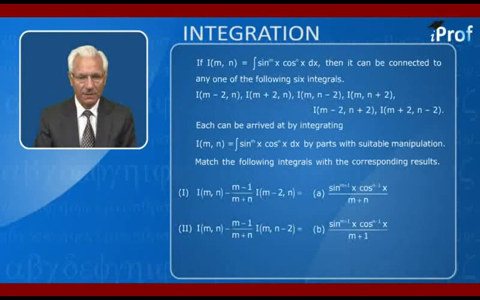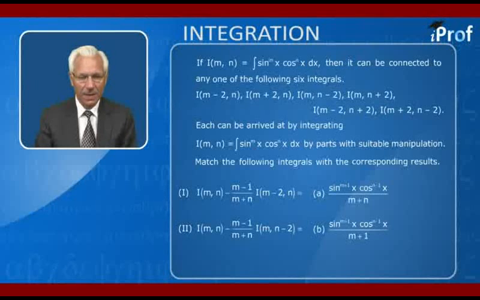First, Imn minus m minus 1 upon m plus n, I m minus 2 n is equal to. Second, Imn minus n minus 1 upon m plus n, I of m into n minus 2 is equal to.